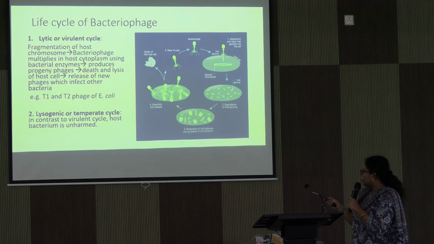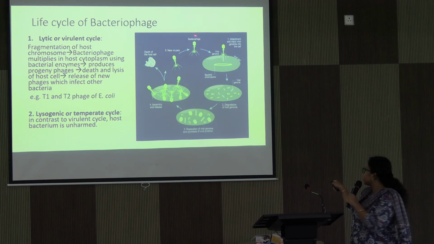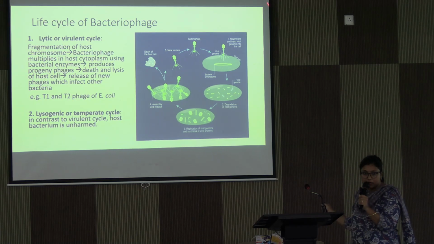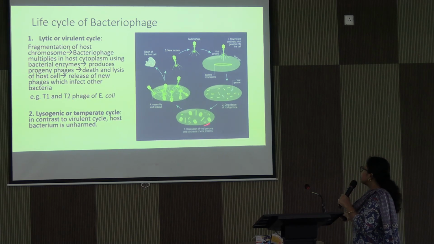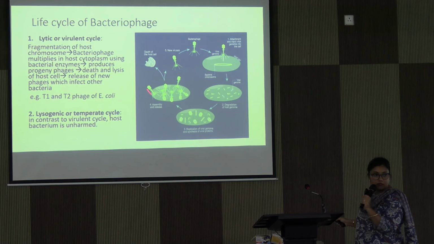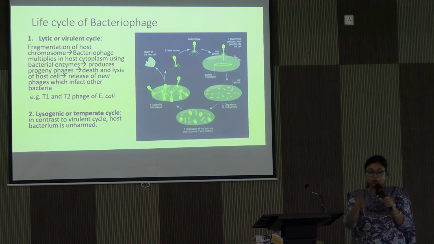So lytic cycle কী হয় that, just look at this, that the bacteriophage is infecting the bacterium and inside the bacterium the chromosome is getting fragmented into different parts later on. Since the genetic material of the phage is inside, so they will multiply into different parts of the phage.